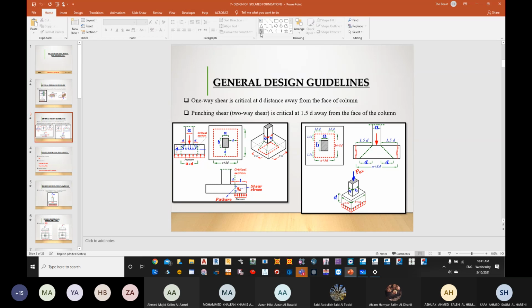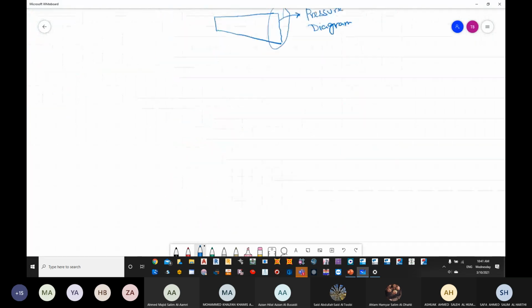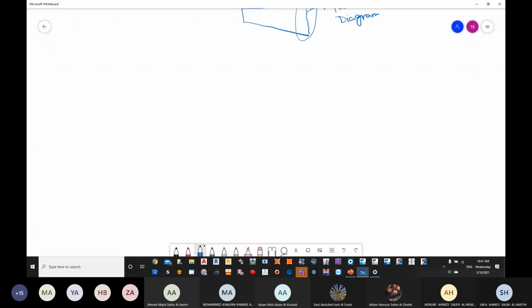And just to illustrate these, we are going to have one-way shear, and then we are going to have two-way shear. Another name for one-way shear is transverse.